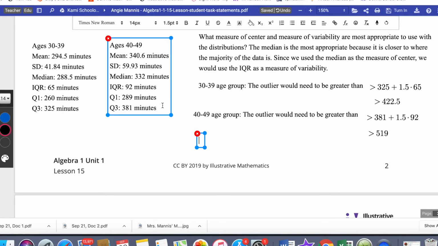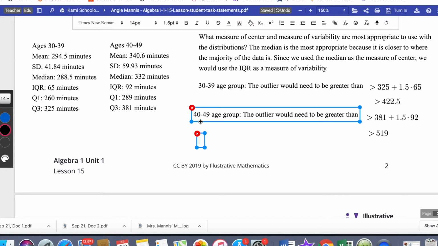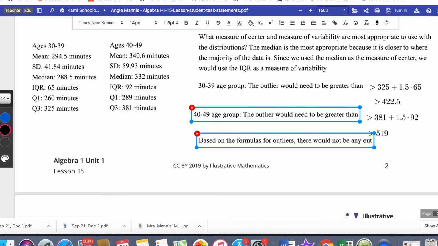Let me make sure I did that: 381 plus 1.5 times 92. Okay, so based on the formulas for outliers, there would not be any outliers for each group of runners.